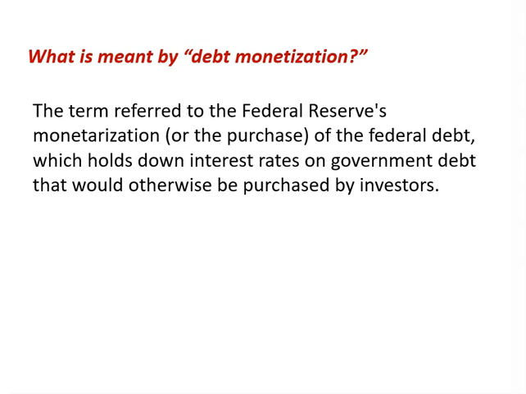The term referred to the Federal Reserve's monetization, or the purchase, of the federal debt, which holds down interest rates on government debt that would otherwise be purchased by investors. So, the quantitative easings of the Federal Reserve had the effect of lowering long-term interest rates. There has been a long-standing concern, however, that debt monetization can create inflation.